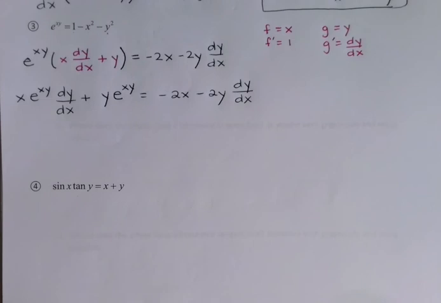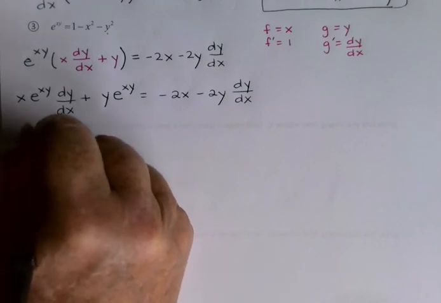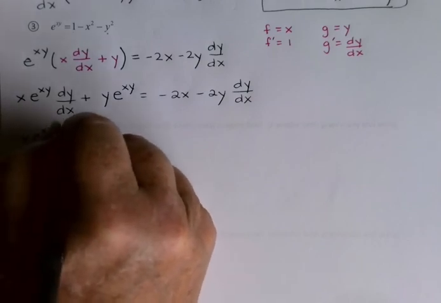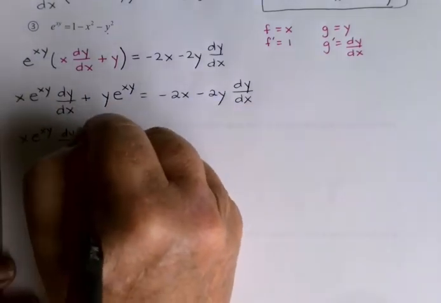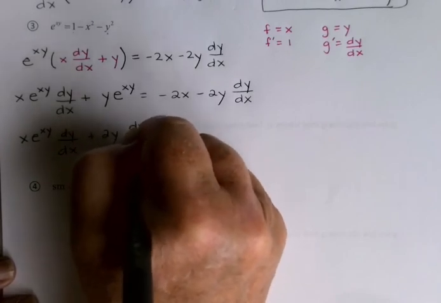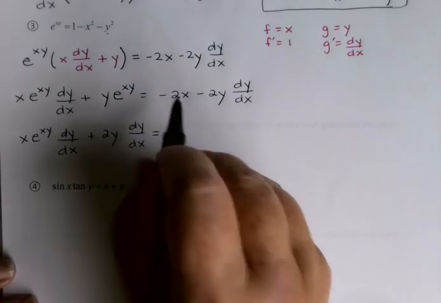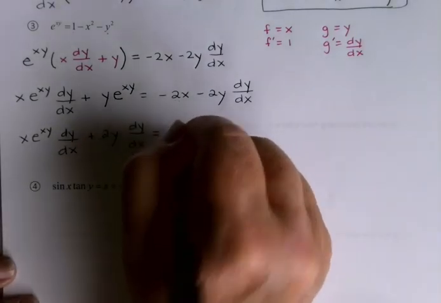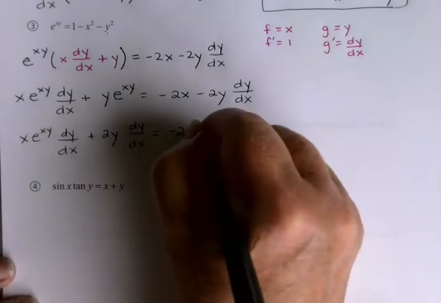Gathering my dy dx terms on the left and everything else I'm going to move to the right, I would have x e to the xy dy dx, and I'll bring this over, so plus 2y dy dx. And on the right, I've got that negative 2x, and I'm going to move this term over, so minus y e to the xy.